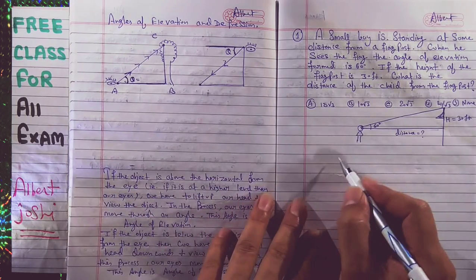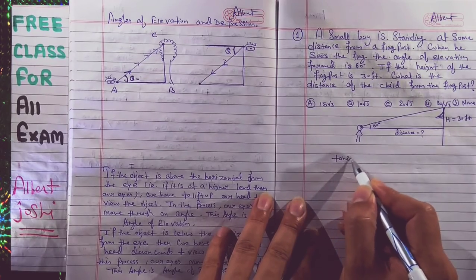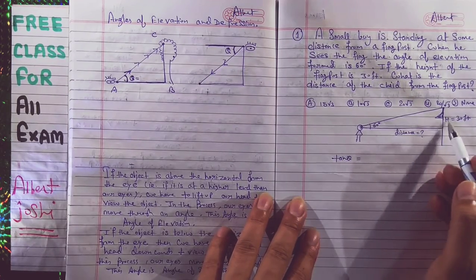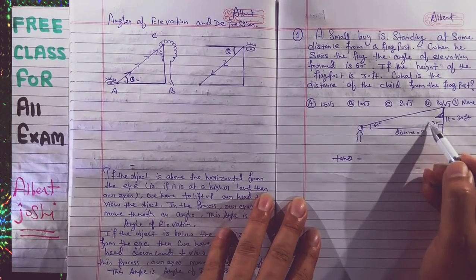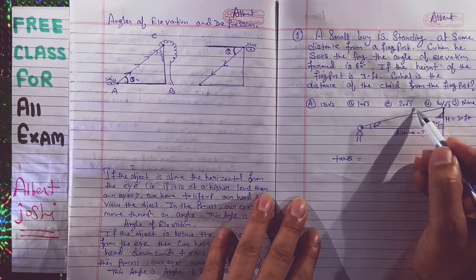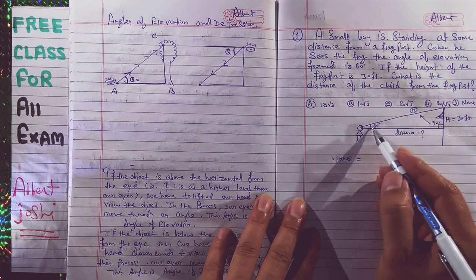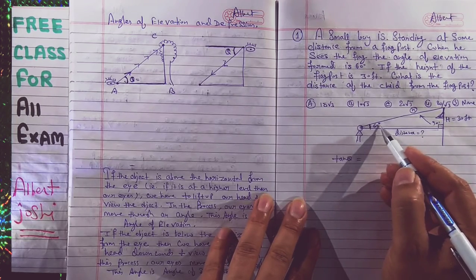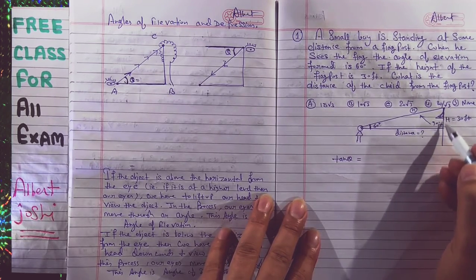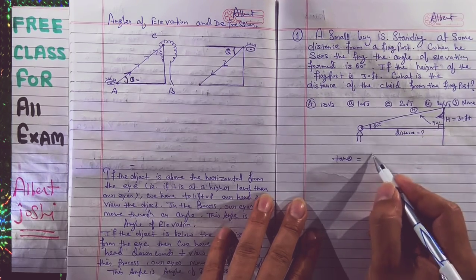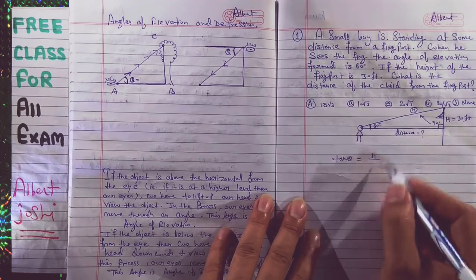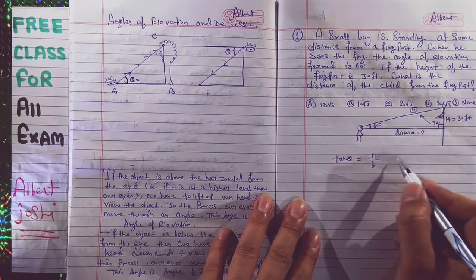Already we have explained, tan theta is equal to perpendicular upon base. This is 90 degrees, which means this is the hypotenuse. So your perpendicular is this, the height, upon base. Tan theta is equal to height upon base.